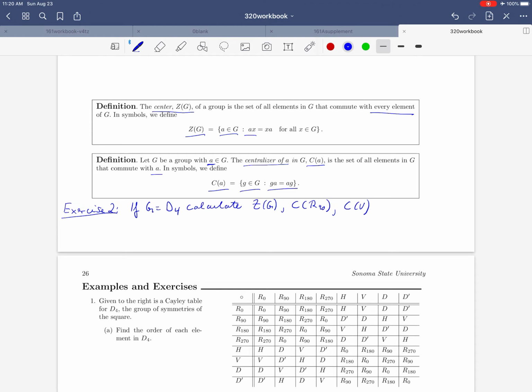It's probably easiest to visualize what's going on here by looking at an example. So let's look at exercise 2. Actually, before we do that, let me note one thing that's important.